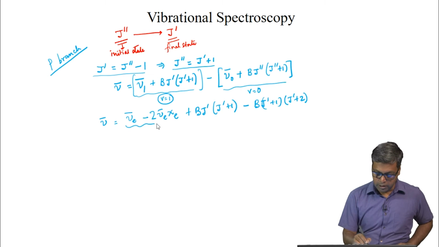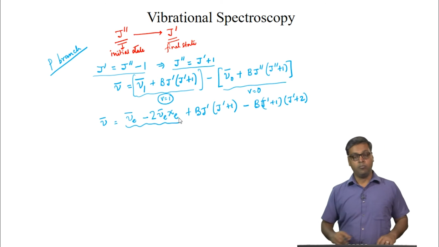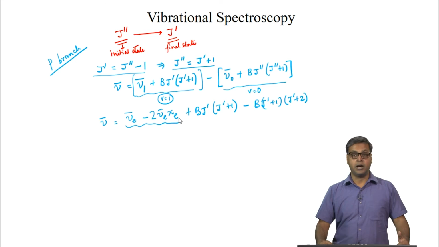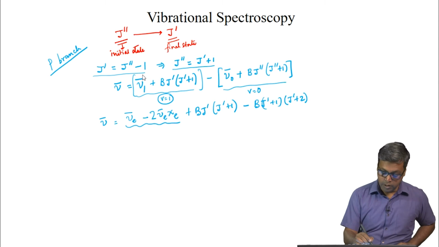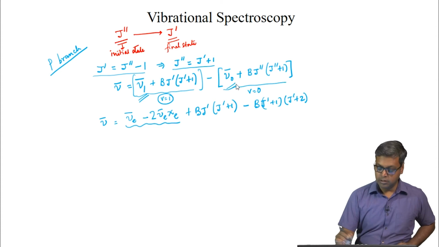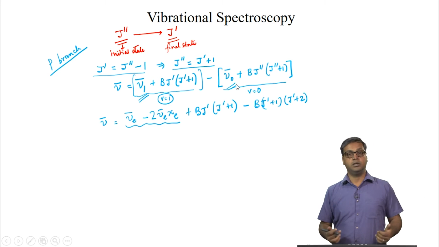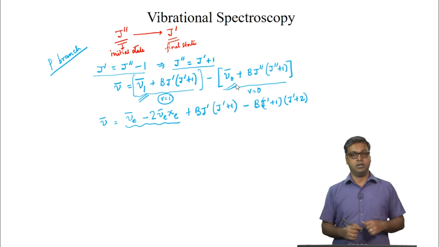This part, nu bar E minus 2 nu bar E chi E, comes from nu bar 1 minus nu bar 0, considering an anharmonic oscillator.